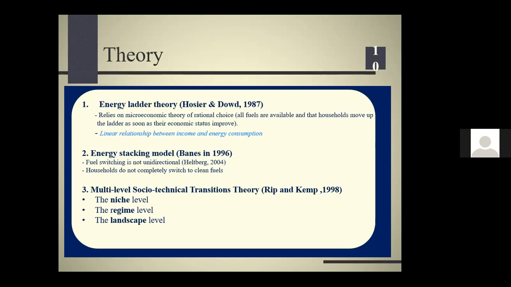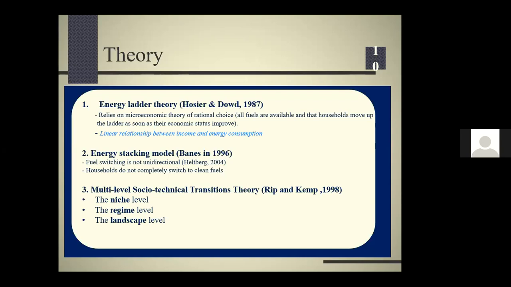In other words, this other theory, the stacking theory, they believe that households will switch between fuels such that they will have both fuels, clean and unclean, so that some fuels are specific for preparing some kinds of meals, and other fuels are specific for other kinds of meals.